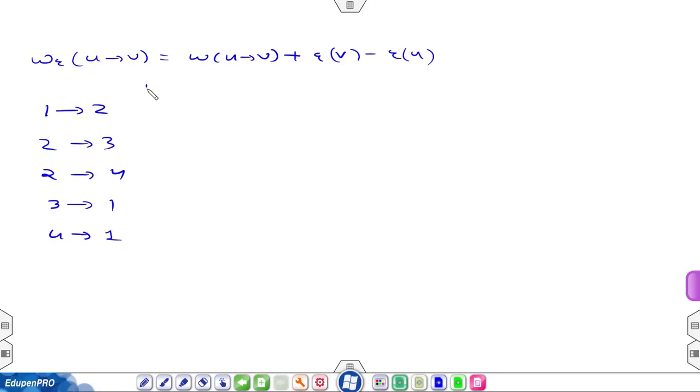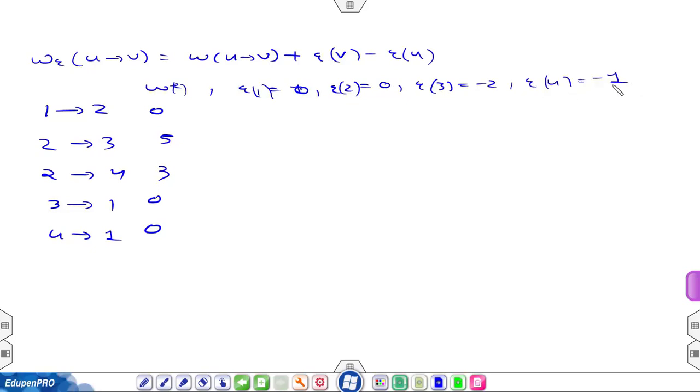And we is 0 5 3 0 0, and r1 is equal to 0, r2 is equal to 0, R3 is -2 and R4 is -1.